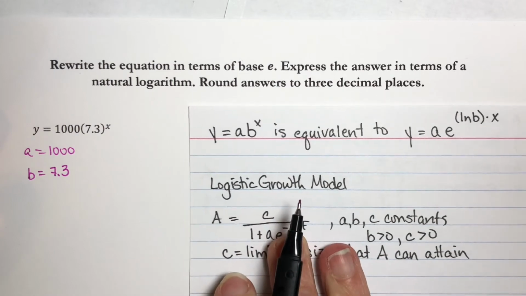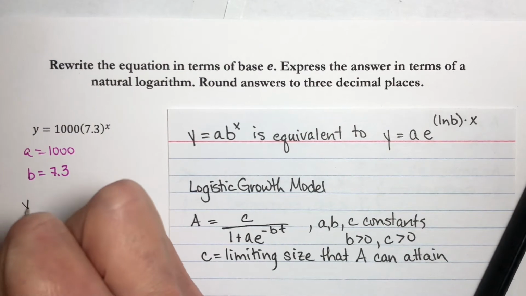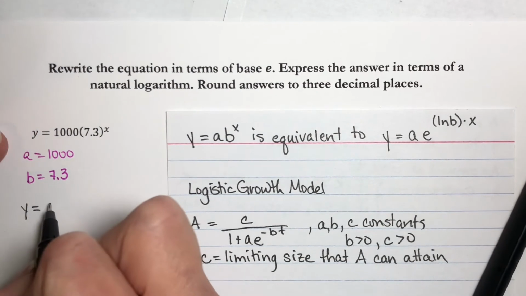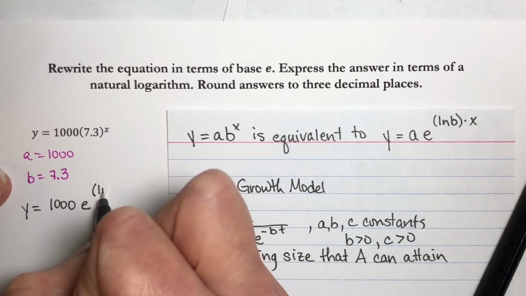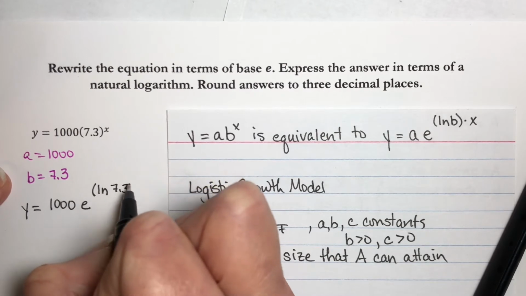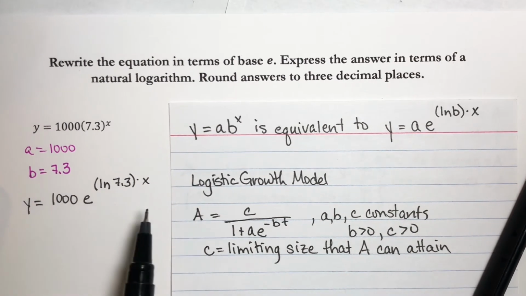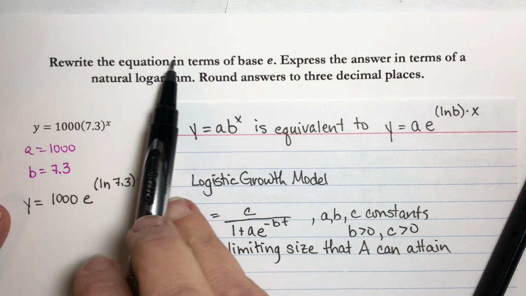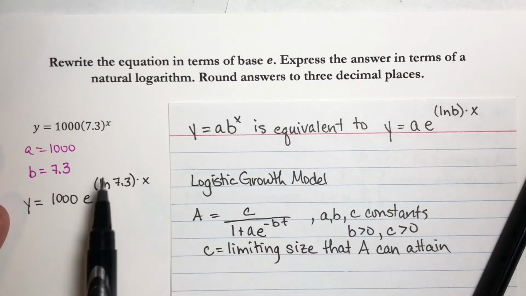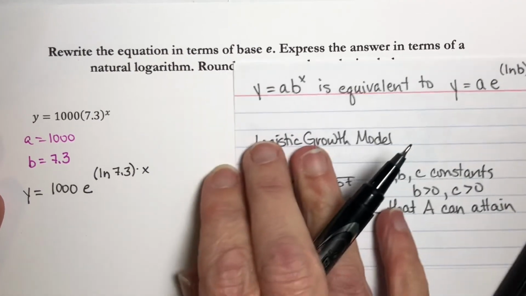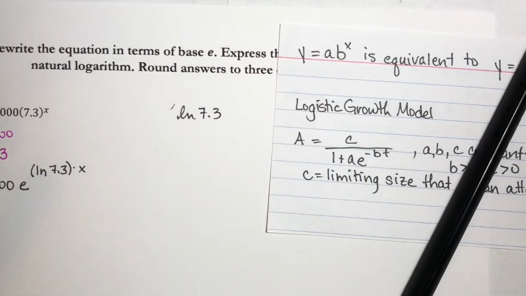Now let's rewrite this using this. y is equal to 1,000 e to the natural log of 7.3 times x. This is the first part of your answer. We've expressed it in terms of a natural logarithm. Now they're going to ask you to rewrite it rounding to 3 decimal places. Really what they're asking is to calculate natural log of 7.3 to 3 decimal places.